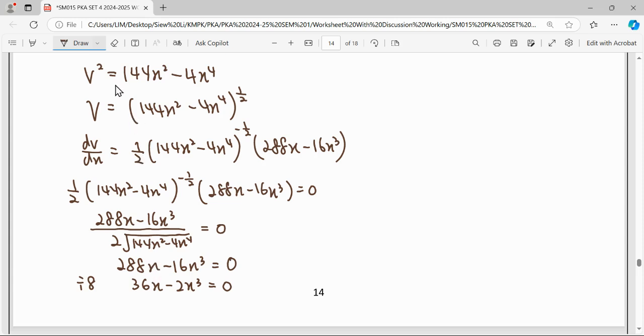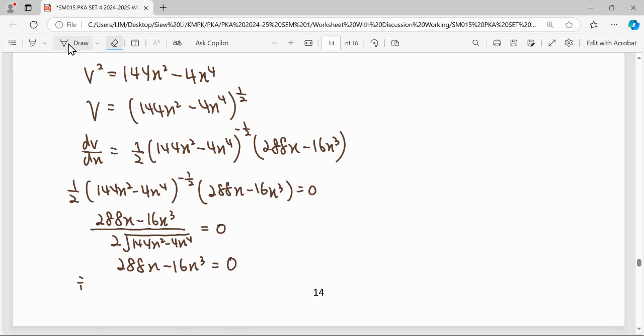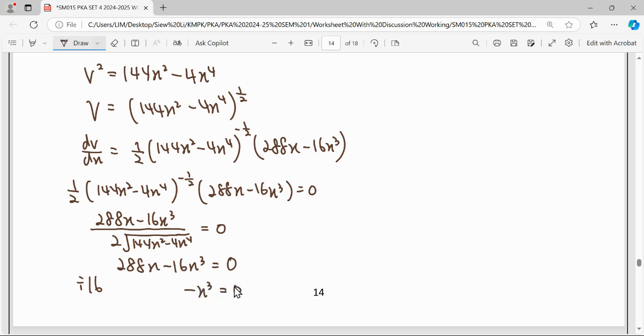Oh, still masih lagi boleh. It's not divide by 8, can divide by 16. This one is 18x. Then we do factorize, take out the x.